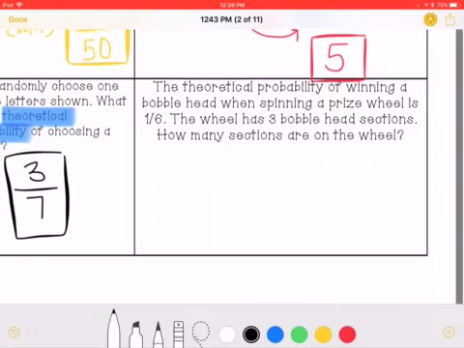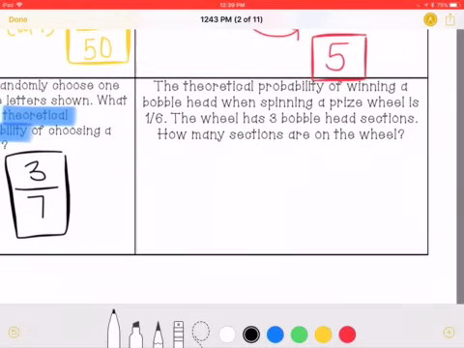And our last problem. Theoretical probability of winning a bobblehead when spinning a prize wheel is 1 out of 6. If the wheel has 3 bobblehead sections, how many sections are on the wheel? So 1 out of 6, you have a chance of winning that bobblehead. So that means 1 out of every 6 spots, there's a bobblehead winning.